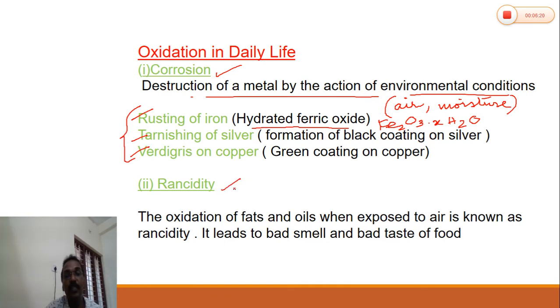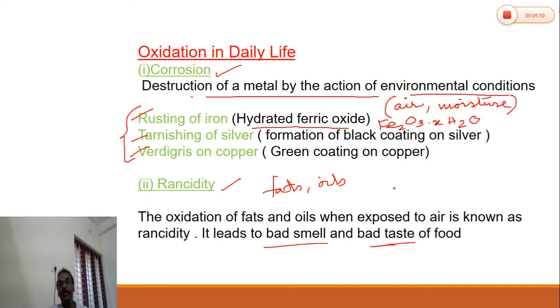Next is rancidity. Rancidity is when fats and oils are exposed to air and undergo oxidation. Food items made of fats and oils, when exposed to air, undergo oxidation, and a bad smell and bad taste are produced. That is called rancidity.